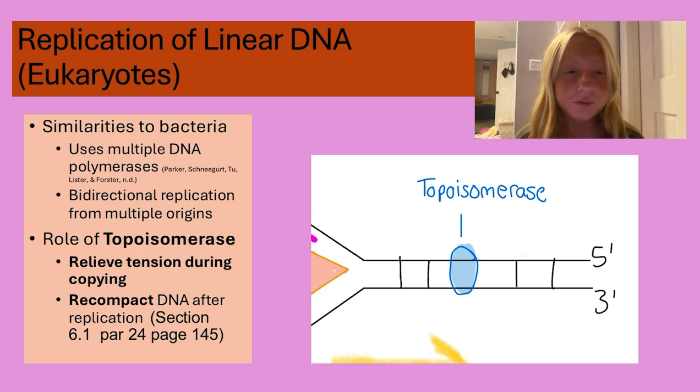I'm also going to talk about how eukaryotes replicate the DNA in a way that's similar to bacteria, but their DNA is linear and not circular. So they require many more polymerases instead of just a couple. This makes sense because bacteria only have one origin of replication, whereas eukaryotes have many.